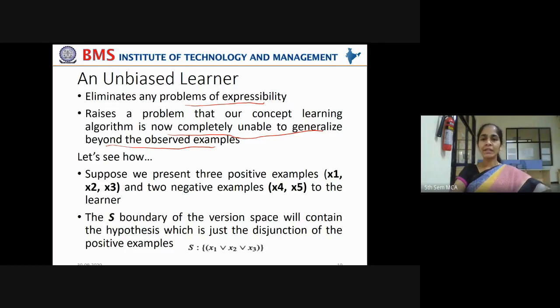Suppose we present 3 positive examples, x1, x2 and x3, and 2 negative examples, x4 and x5. Positive examples means an instance whose label is yes, x3 is an instance whose label is yes, and x4 and x5 instances' label is no. Now, the S boundary of the version space will contain the hypothesis which is just the disjunction of positive examples, right?